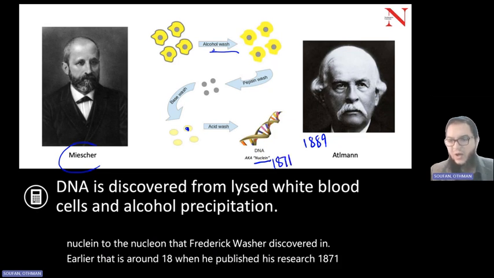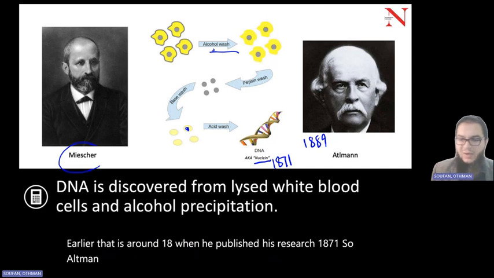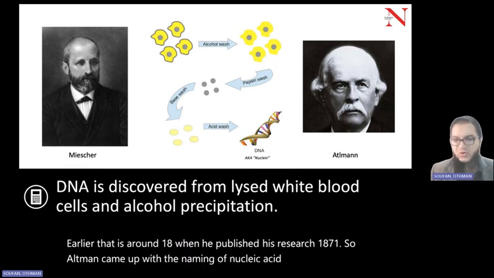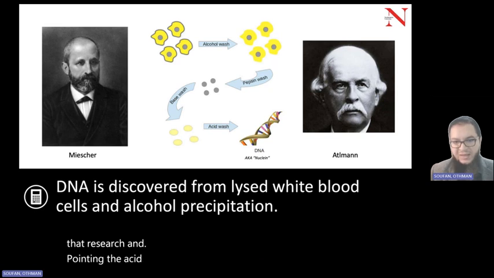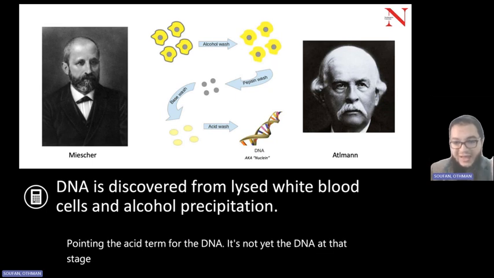So Altman came up with the naming of nucleic acid. He's credited for that research and for pointing out the acid term for the DNA. It's not yet the DNA at that stage, but actually that was the impure version of DNA.